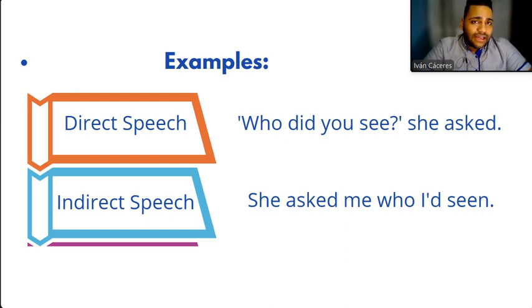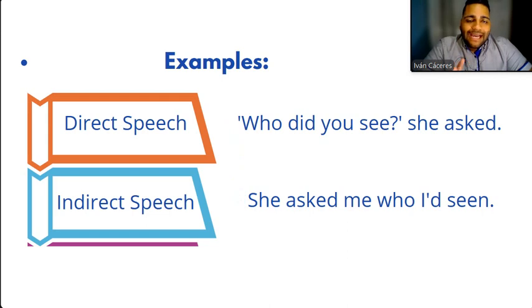And here you have another example. In this case, we don't have a closed question, but we have an open question. And the question says, "Who did you see?" This is an open question because it can have many answers. It's not a yes or no question. So, "Who did you see?" she asked. She asked me who I had seen.